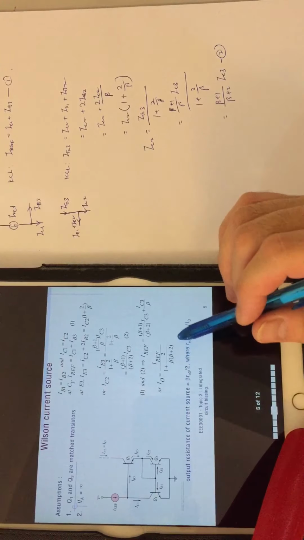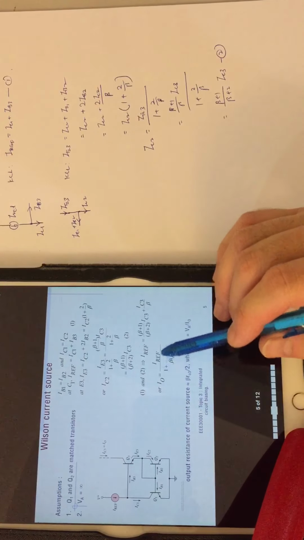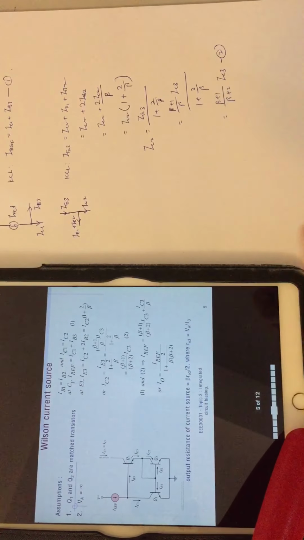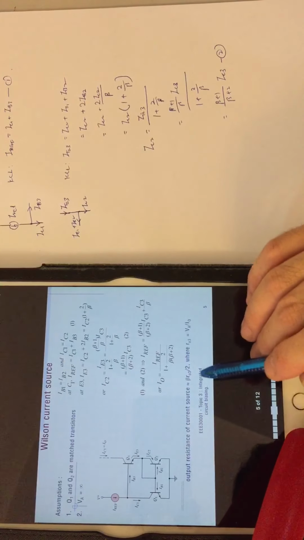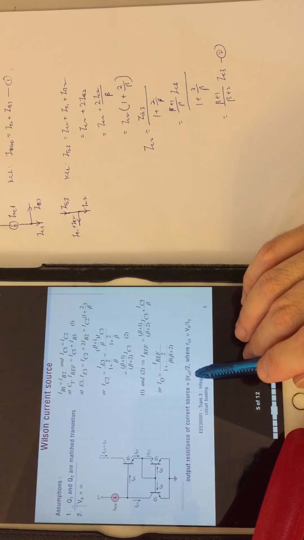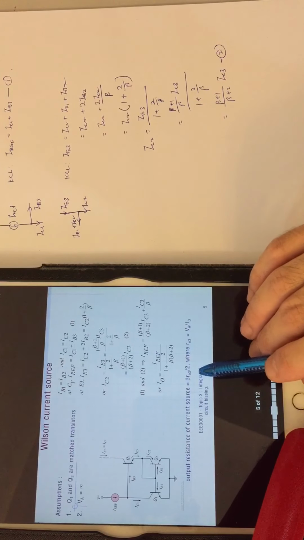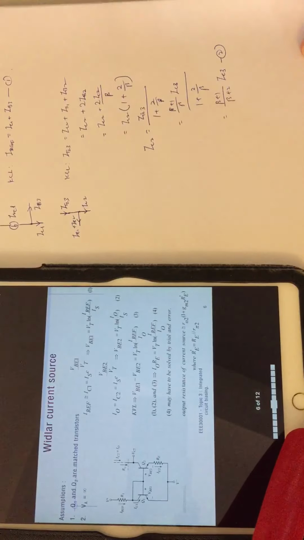So in fact, for large values of beta, IO, the output current, is approximately equal to the reference current. And the output resistance for the current source is beta multiplied by RO3, which is the AC output resistance for the transistor Q3, over 2. Okay. That's for the Wilson current source.